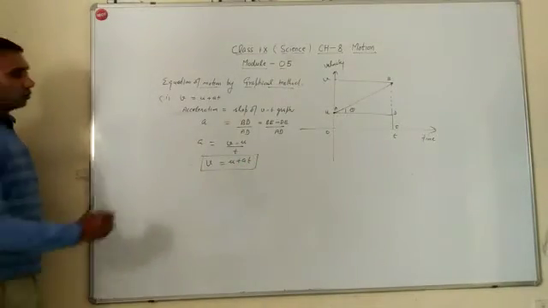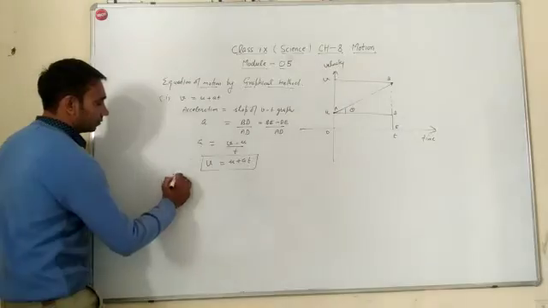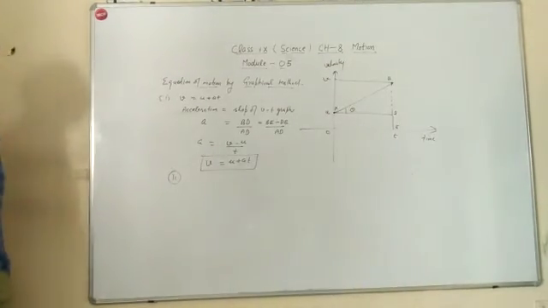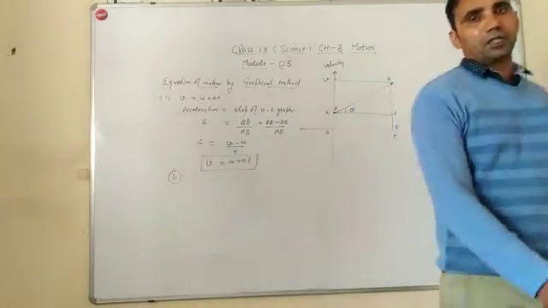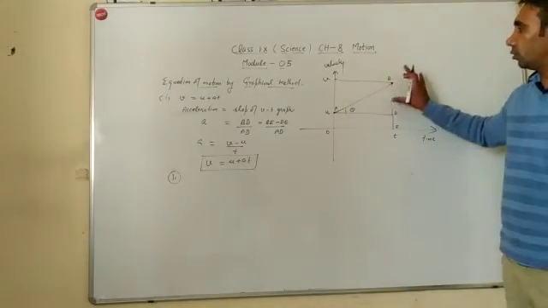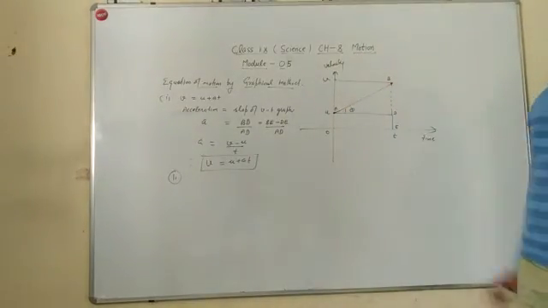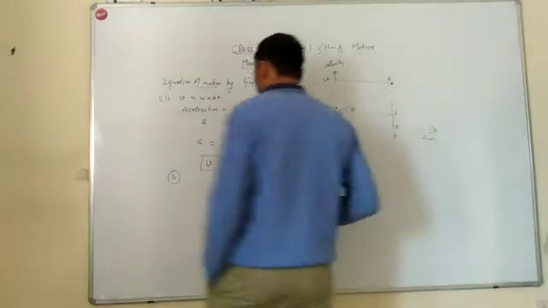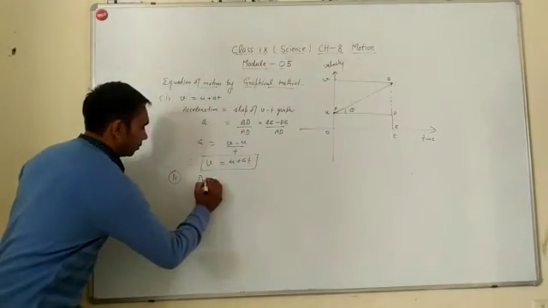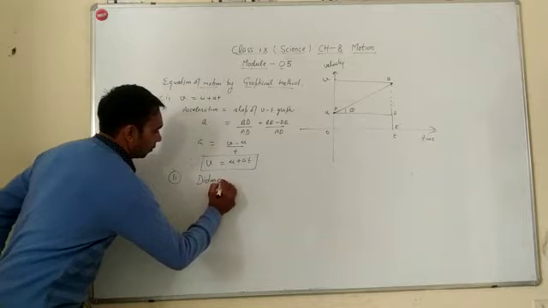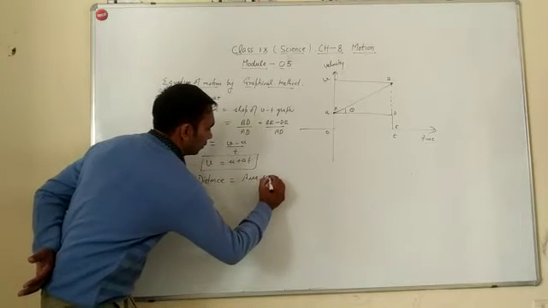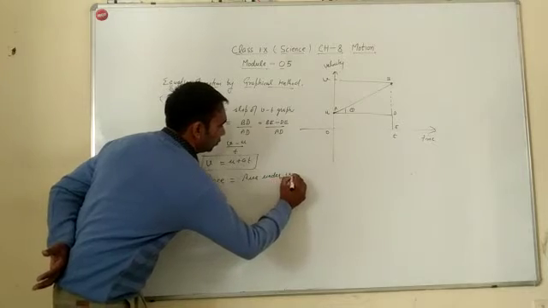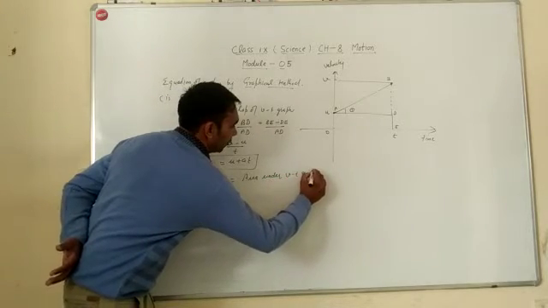In the second equation of motion, the distance covered by an object is equivalent to the area under the velocity time graph.